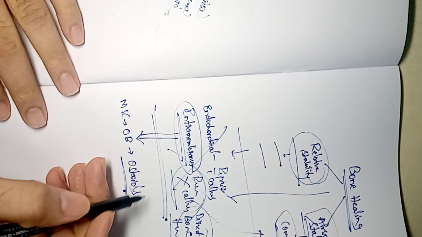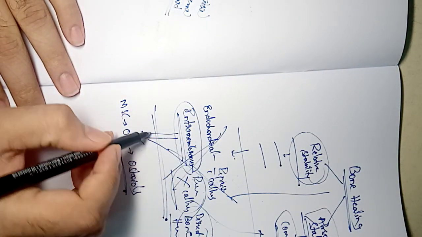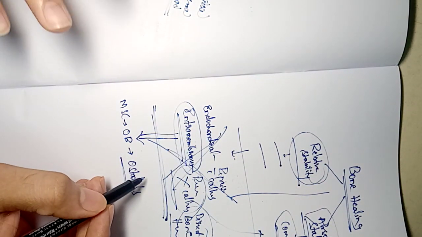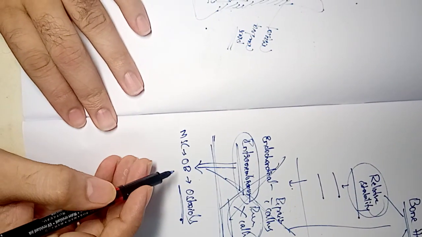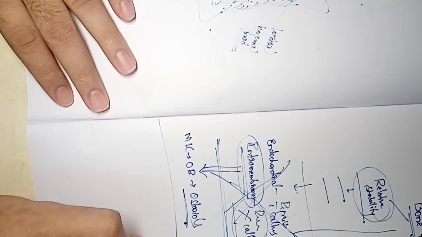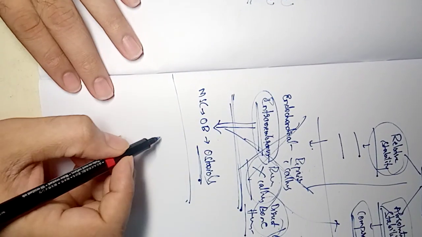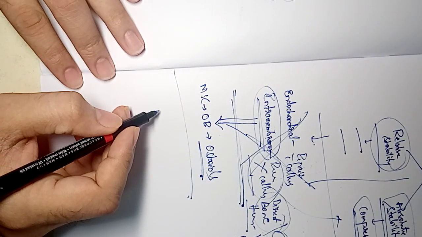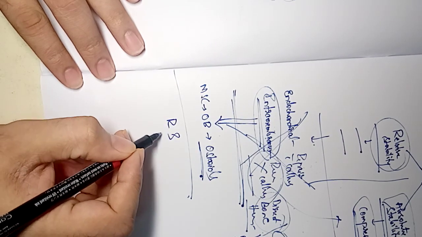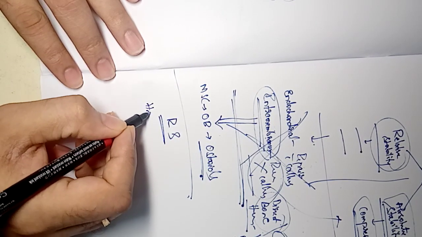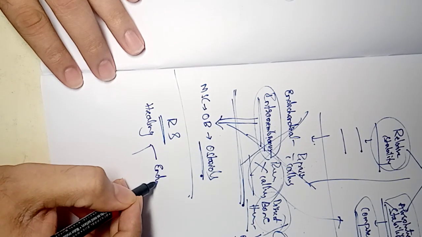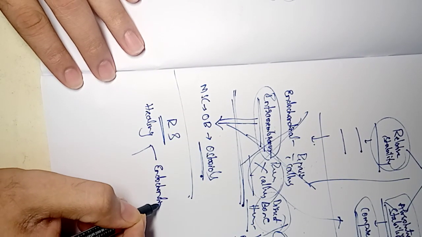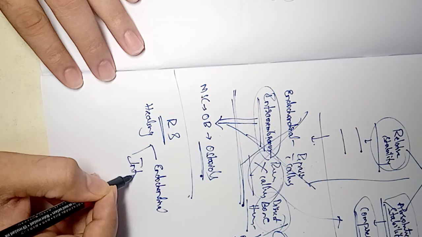Before that, I find this a wrong concept and I have multiple references for that. In relative stability, healing occurs with both endochondral and intramembranous ossification.